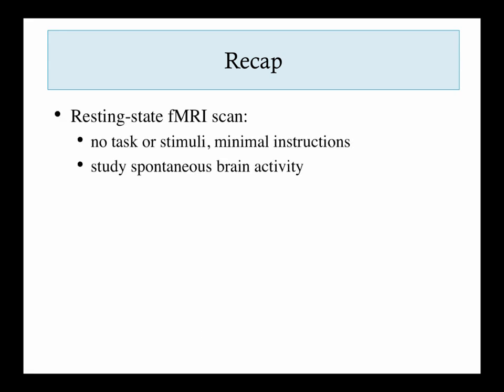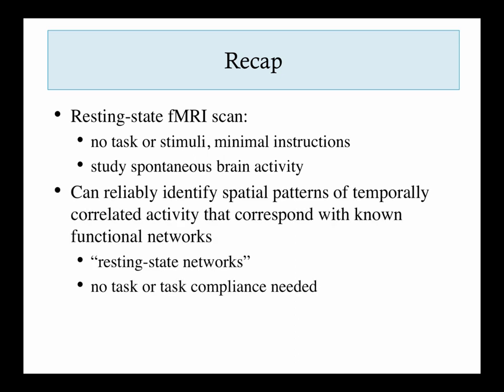So to go over some of the points we just talked about, in resting state fMRI, we're scanning people in this passive condition in order to study spontaneous brain activity. Even though this condition is very unconstrained, we can still reliably identify a number of spatial patterns of correlated activity that seem to closely correspond to functional networks.